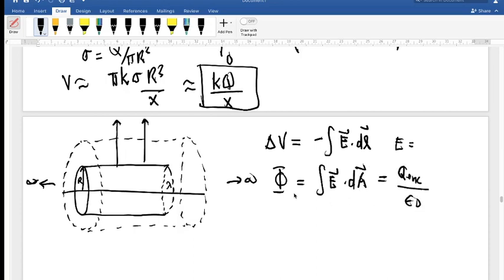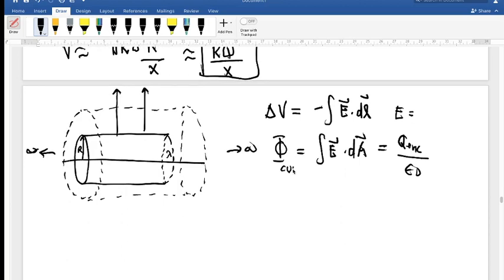So this is only the flux through the curved surface. So the area of this curved surface, the dA here, we can argue that your E is constant at any point on the curved surface here.